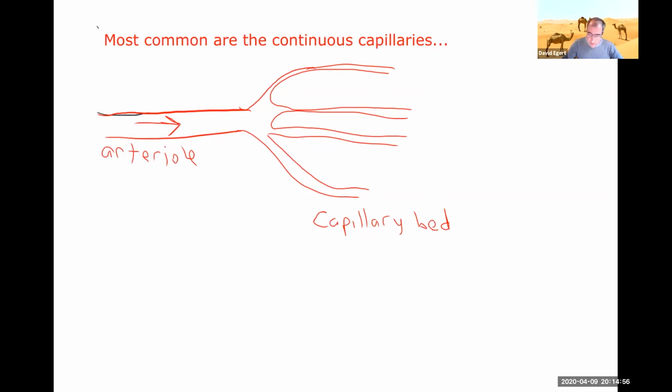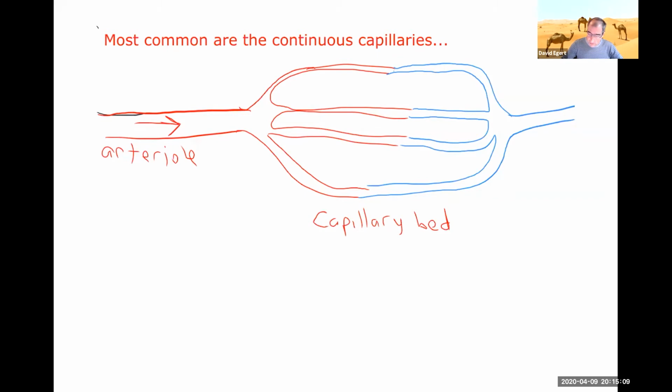Usually they're drawn kind of blue because as the blood is going through the capillary bed, it's giving up oxygen and going from red to blue. On the other side, we are now in a venule heading back to the heart. The entrance to the capillary bed is what we call a precapillary sphincter.